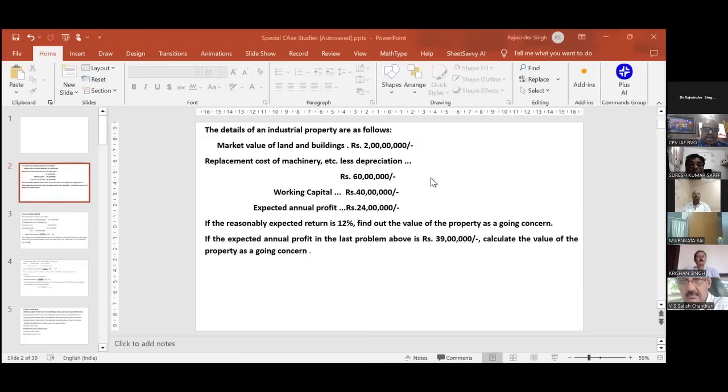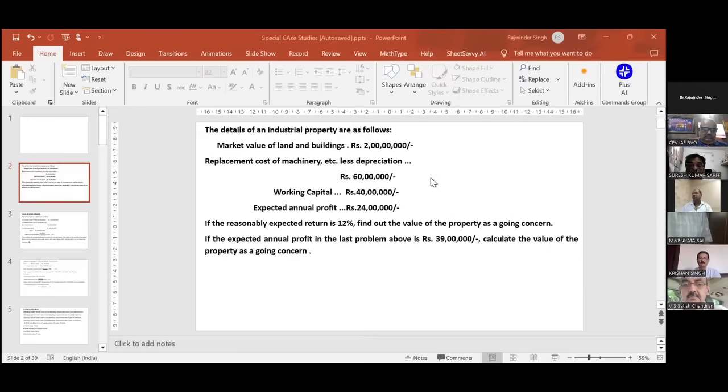So first you should know what a going concern is. Basically, as a layman, a going concern is one which is still in production, is still going on, and the unit is producing sufficient profit, and it is expected to produce sufficient profit continuously for a number of years to come.